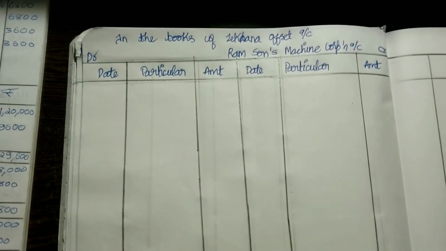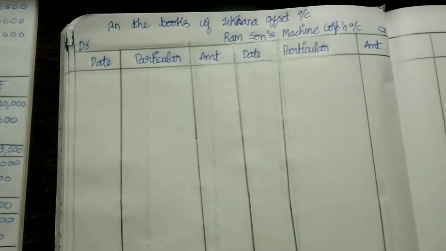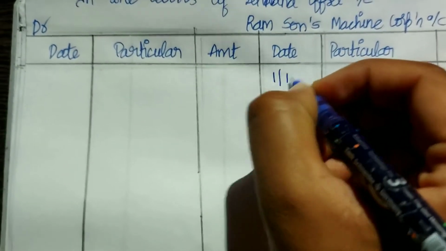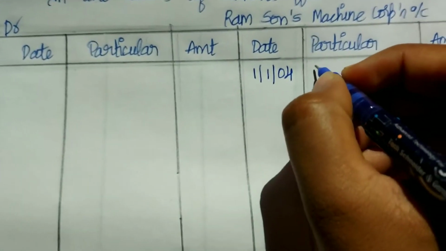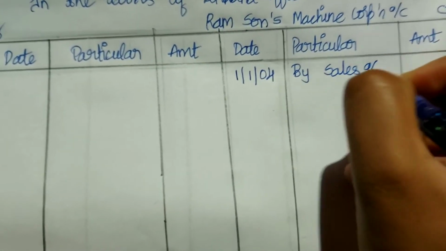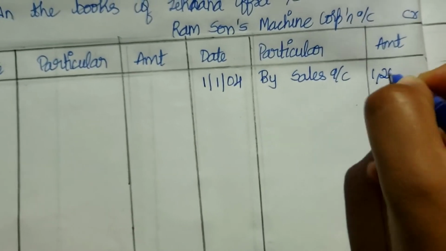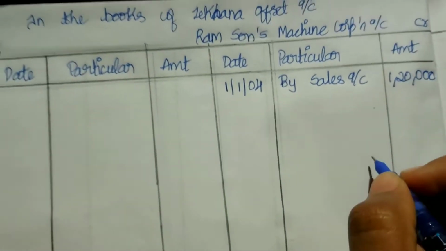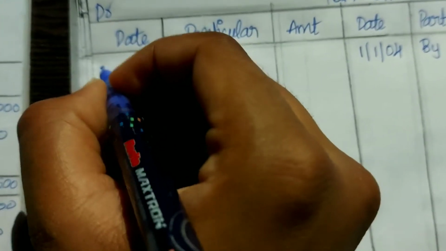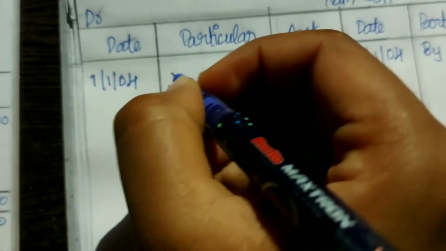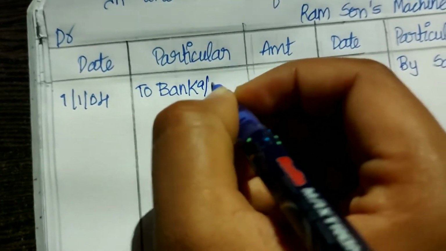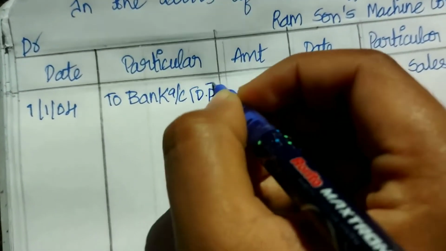Now first, you have purchased the machinery on 1/1/2004. So let's write by sales account. You purchased it for 1,20,000, and then you paid immediately. You paid the down payment on the same date, so we'll write to bank account, in brackets down payment.